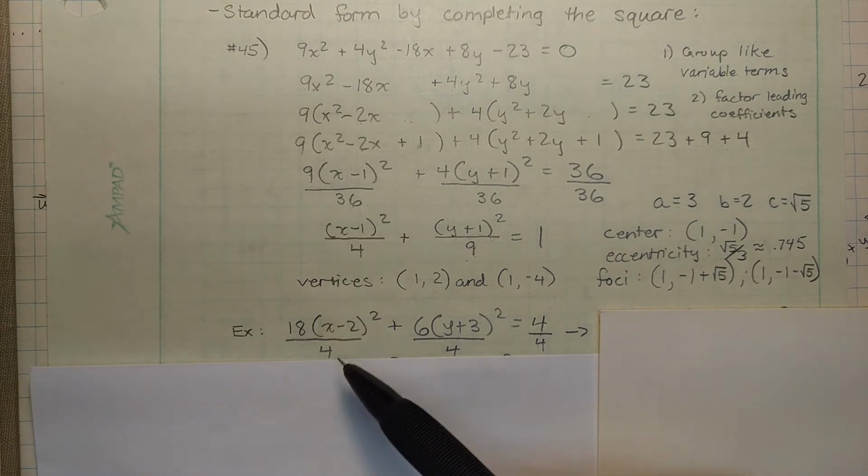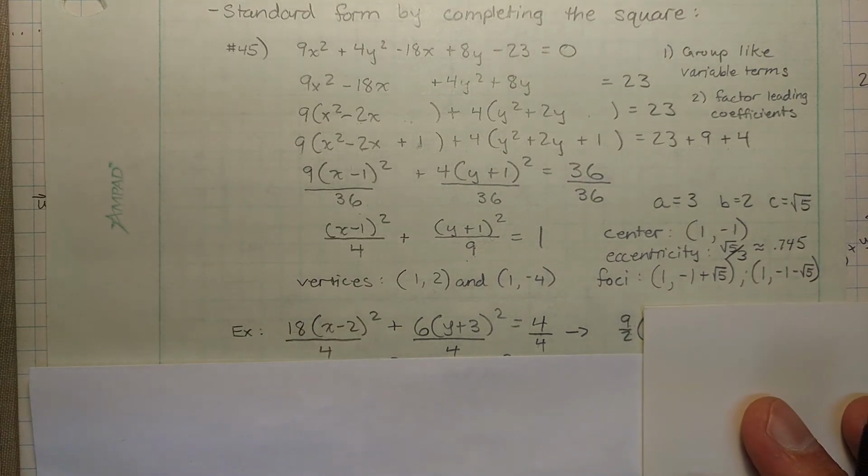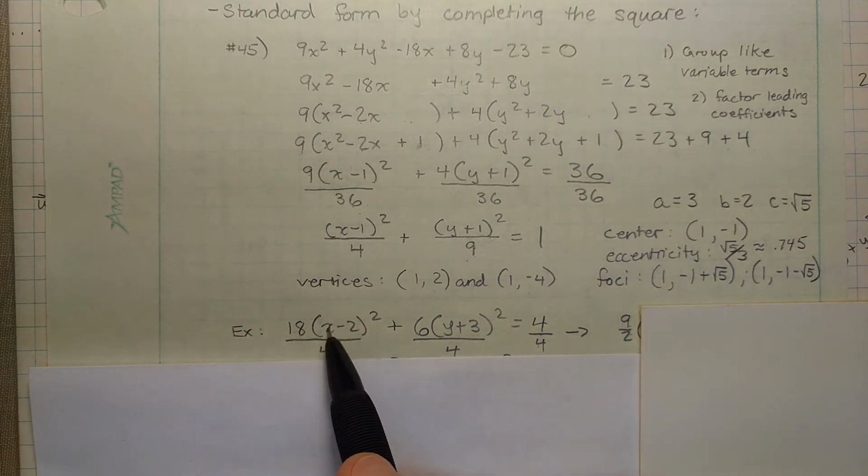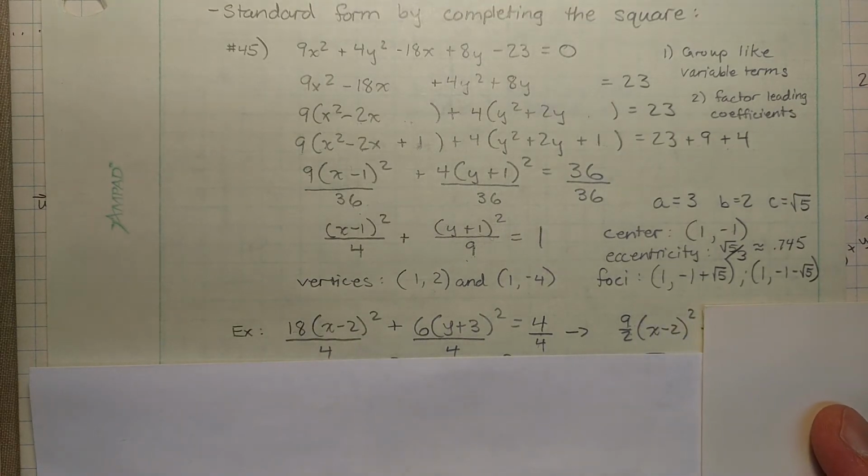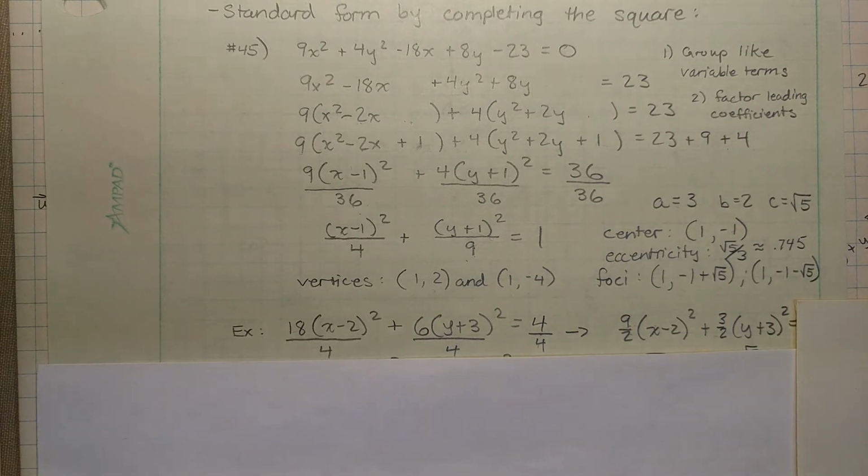When I divide through by 4, this gives me 9 over 2 times this x minus 2 squared, and this gives me a 3 over 2 times this y plus 3 squared, and that's equal to 1. Now, the problem is this really isn't the form that I like to see it in.